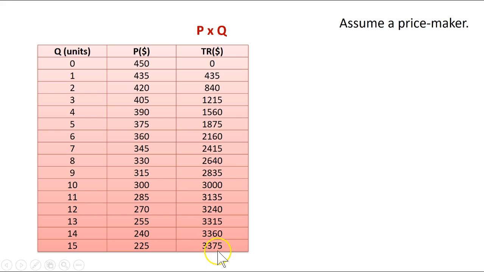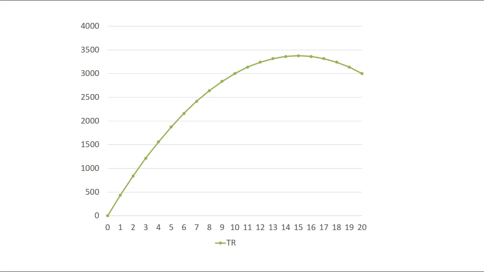If the column kept going, we could see eventually the total revenue would fall. See, here we are, the graph has gone beyond 15. So after 15, you can see that the total revenue starts to fall.